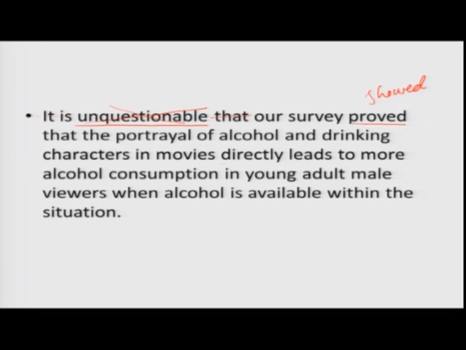Directly leads, you can replace this with may directly lead. If you say directly leads, it means 100% this is going to happen, but if you say may directly lead, there is a possibility. Remember this is about human behavior, and you cannot be so sure about it. So, being cautious actually helps. You use a hedging device to be more cautious.